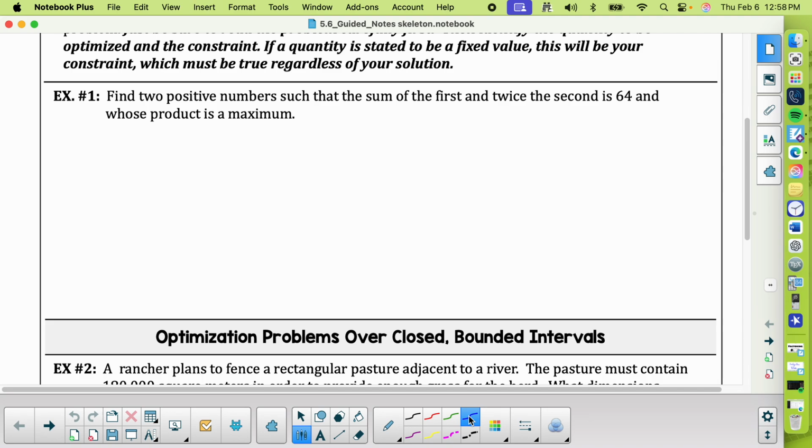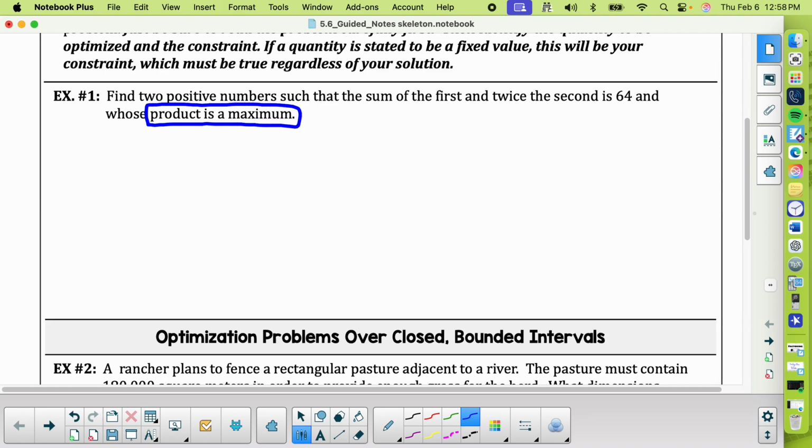Okay, the word optimization means you are going to find a maximum or a minimum. It's one of those two. Whatever situation you have, you're trying to make it the biggest or the smallest, whatever it represents.